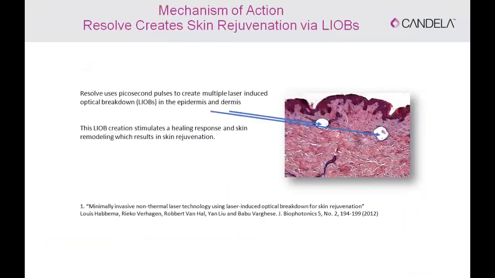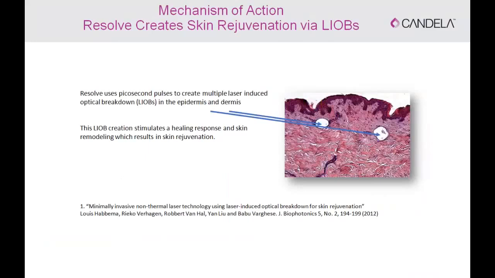And what they do is something that has been well known over the last few years, and those of you who have been attending laser conferences or reading the laser journals will be familiar with this term that we refer to as LIOBs, light-induced optical breakdown.